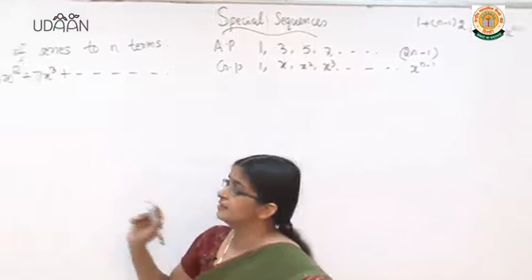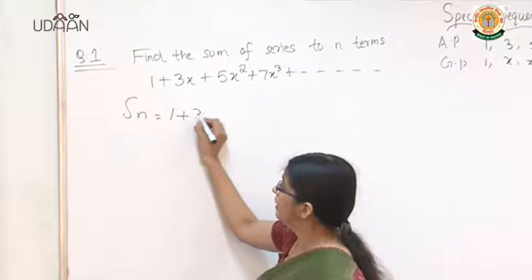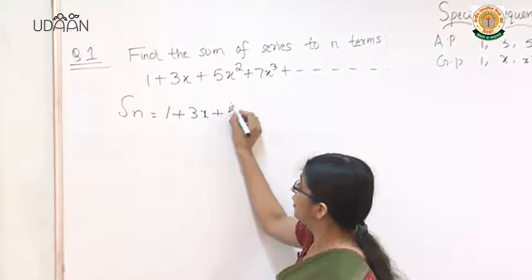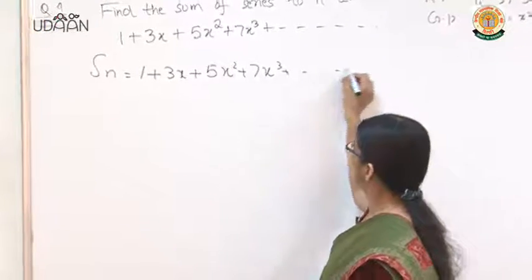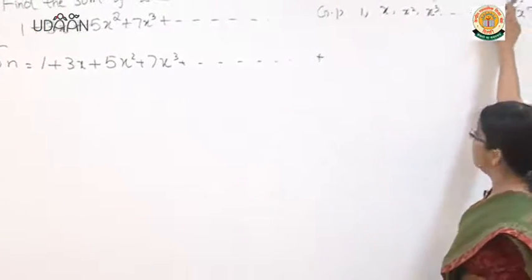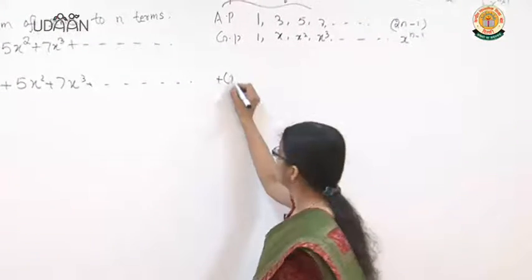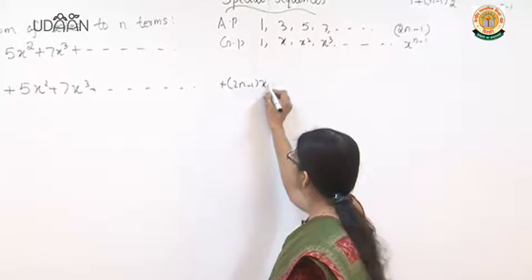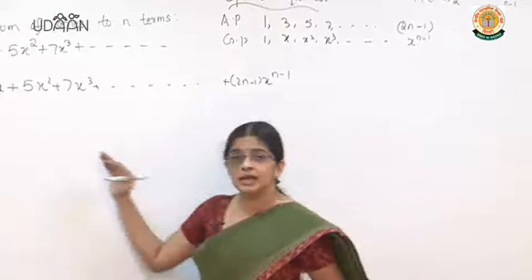So, let us write the series as Sn equal to 1 plus 3x plus 5x square plus 7x cube plus etc. plus the nth term, the product of the nth terms of these two, which will be 2n minus 1 into x power n minus 1. Now can you tell what's the next step?